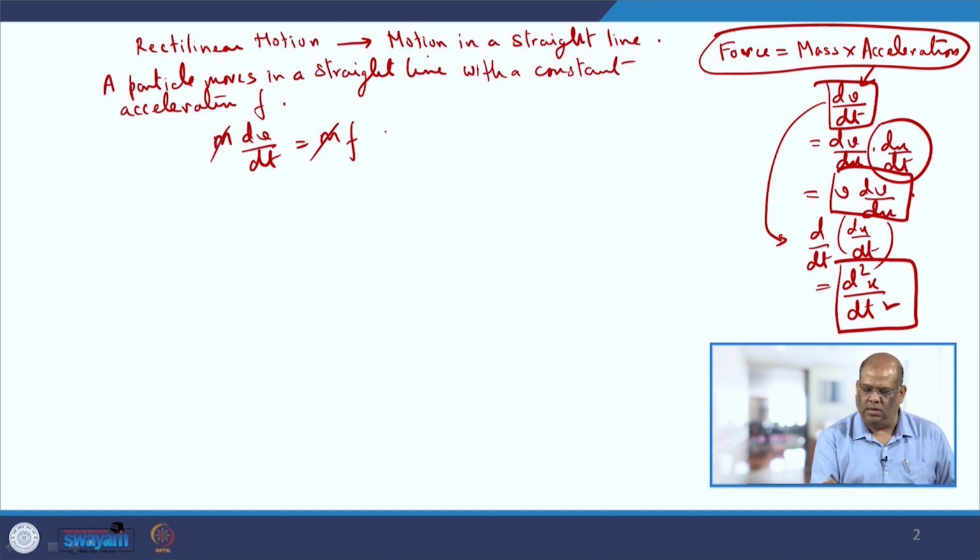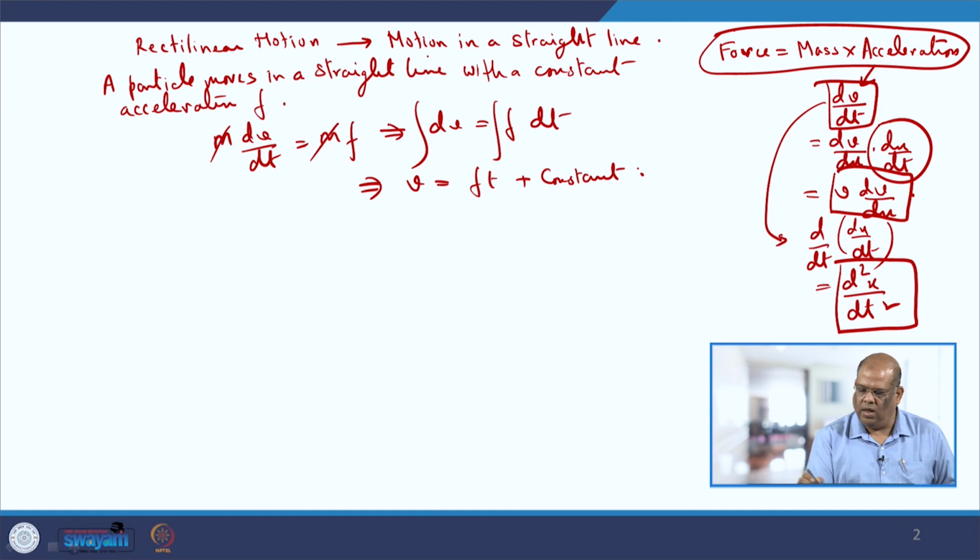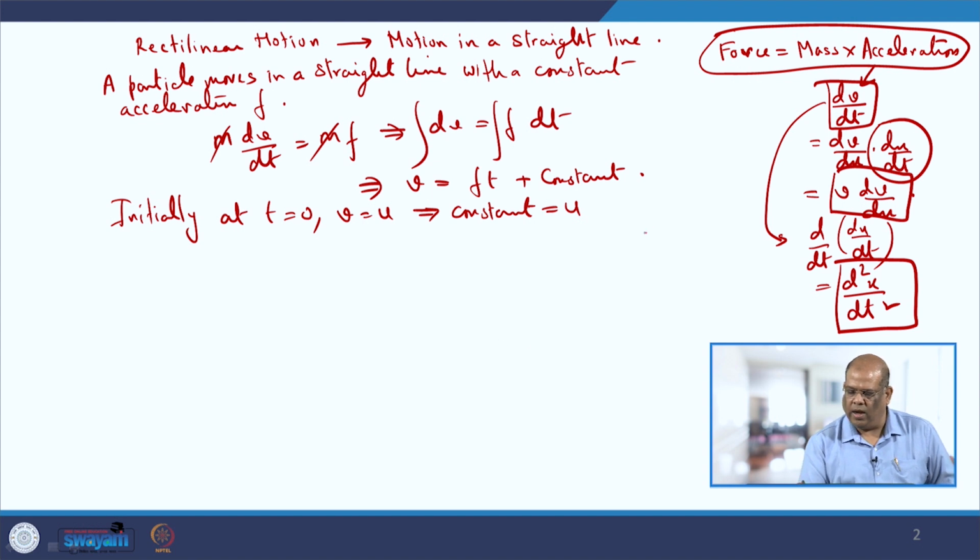The mass cancels and you get dv equal to f dt. You integrate and you get v equal to ft plus some constant. And if you take the initial condition, initially at time t equal to 0, the initial velocity is u. This implies your constant is equal to u, and you get the formula v equal to u plus ft. This you have already done in physics.